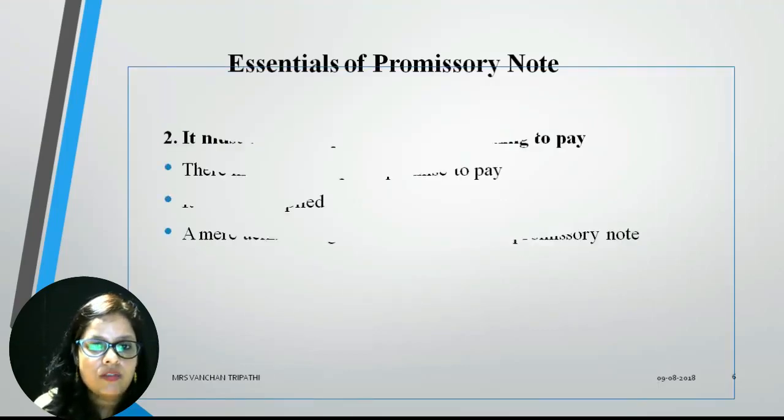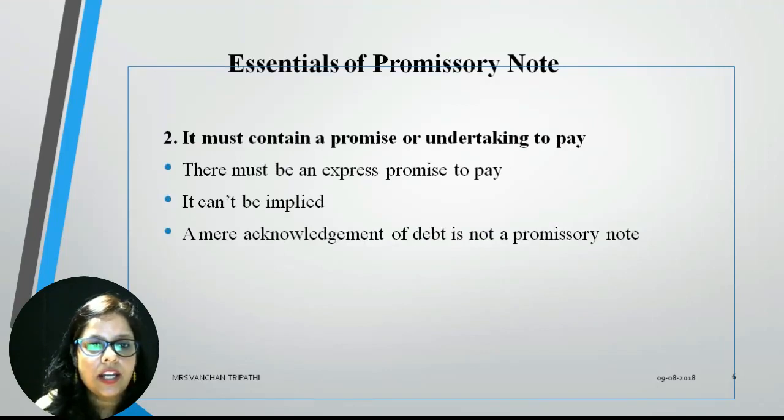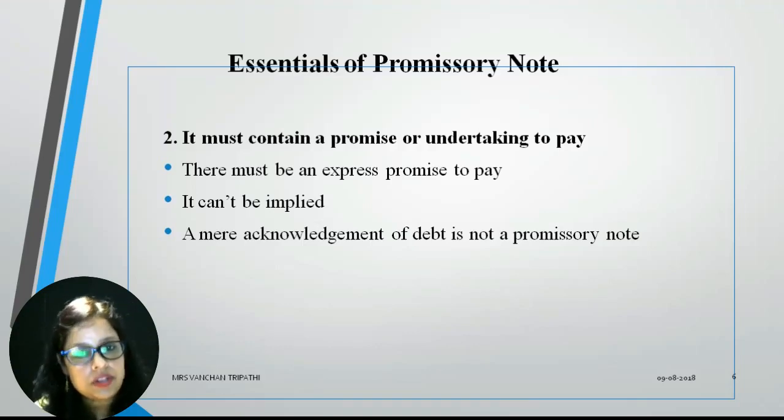The second essential would be that it must contain a promise or undertaking to pay. A promissory note must have language in which a maker is making a promise to pay a sum of money. You can read it out in the slide also. There must be an express promise to pay. The promise must be expressed. It should not be implied.